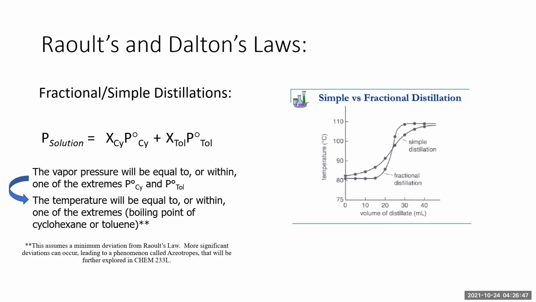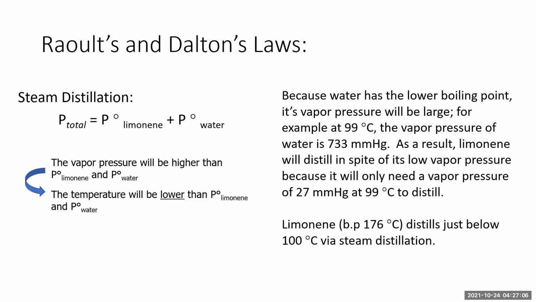And that will be further explored in Chem 233. And that is not the case with cyclohexane and toluene. So what we talked about here will hold true for those two because they have similar enough intermolecular forces, because the structure is fairly similar, both being hydrocarbons.